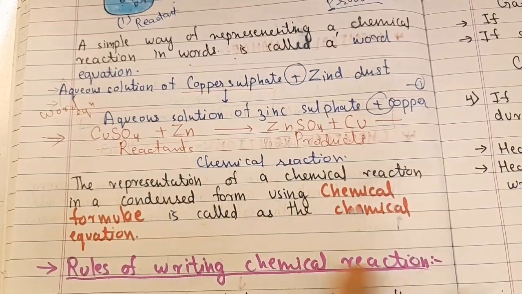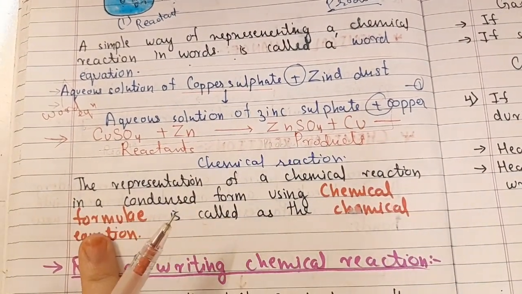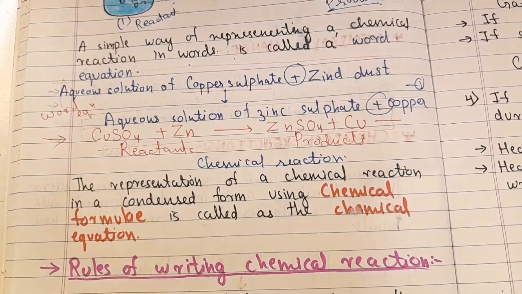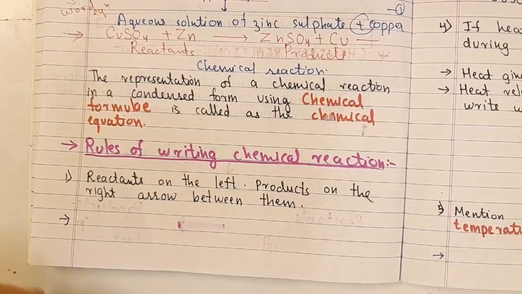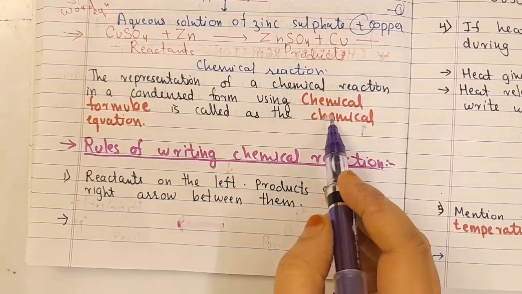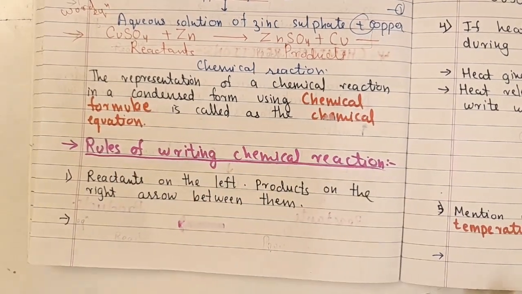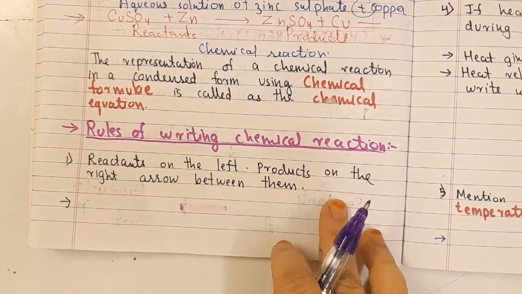So the representation of a chemical reaction in a condensed form using chemical formulas is called a chemical equation. Now we have seen how to write a chemical word equation and how to write a chemical equation with molecular formulas. Now let us understand the rules of writing a chemical reaction.